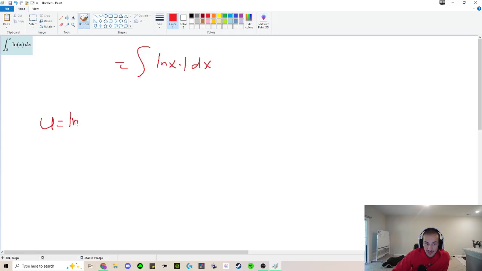So u is ln x, which means that du is going to be 1 over x, right? Now, this means that dv is going to be 1 dx, which means that v is going to be what? V, what's the antiderivative of 1? Well, it's just going to be x.